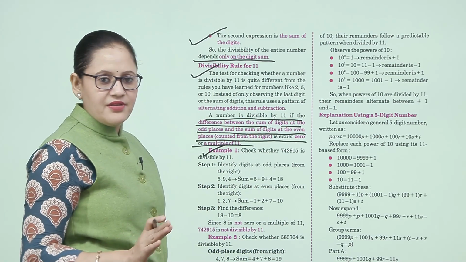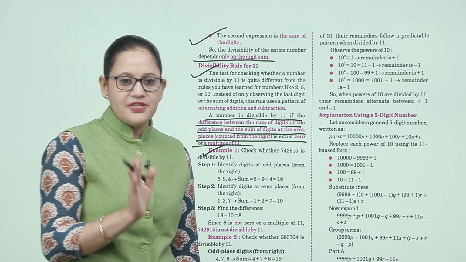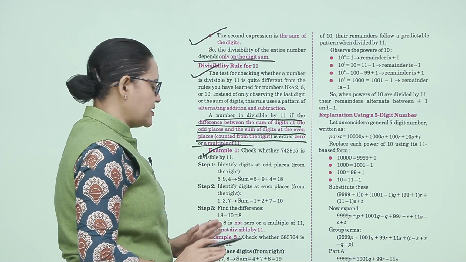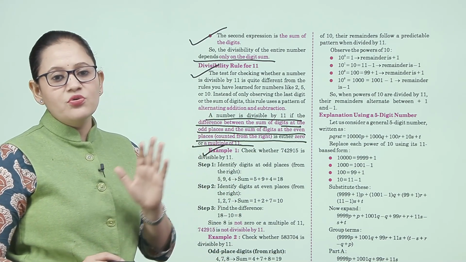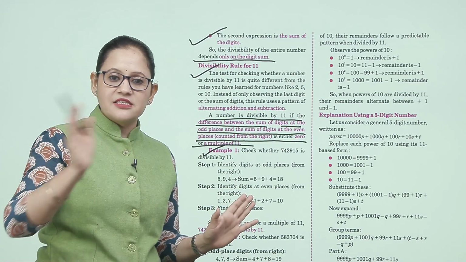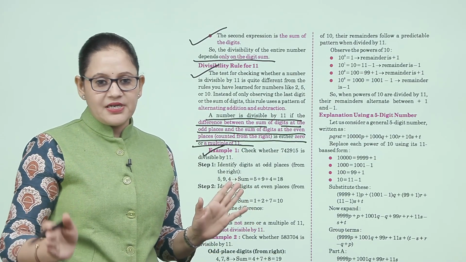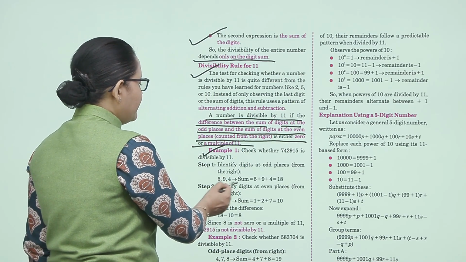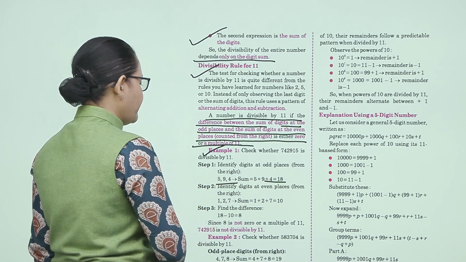We will take an example to help with it. So, we have to check whether the given number is divisible by 11. For that we have to find the sum of digits at even places and at odd places separately. Start from the right hand side. 5, 9 plus 4, that is 18.